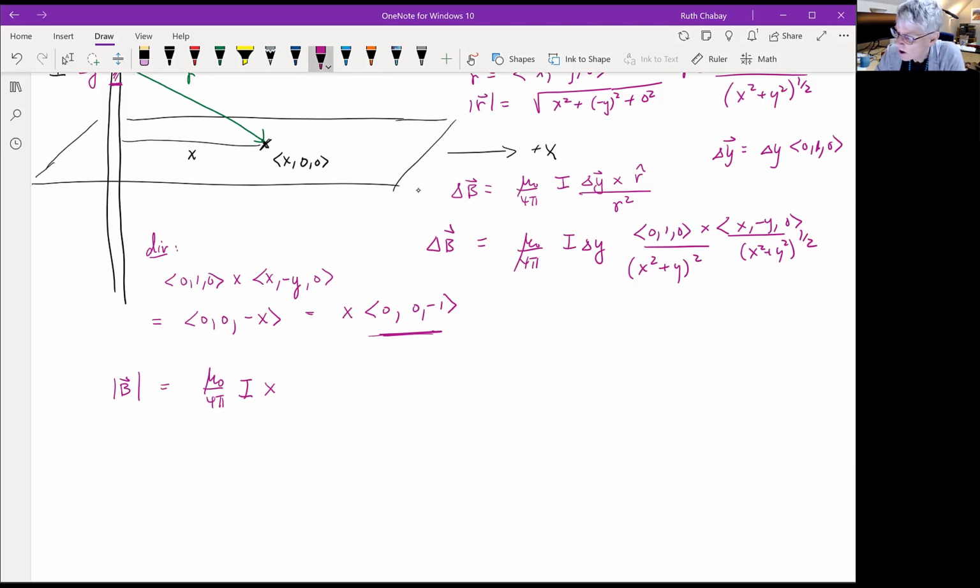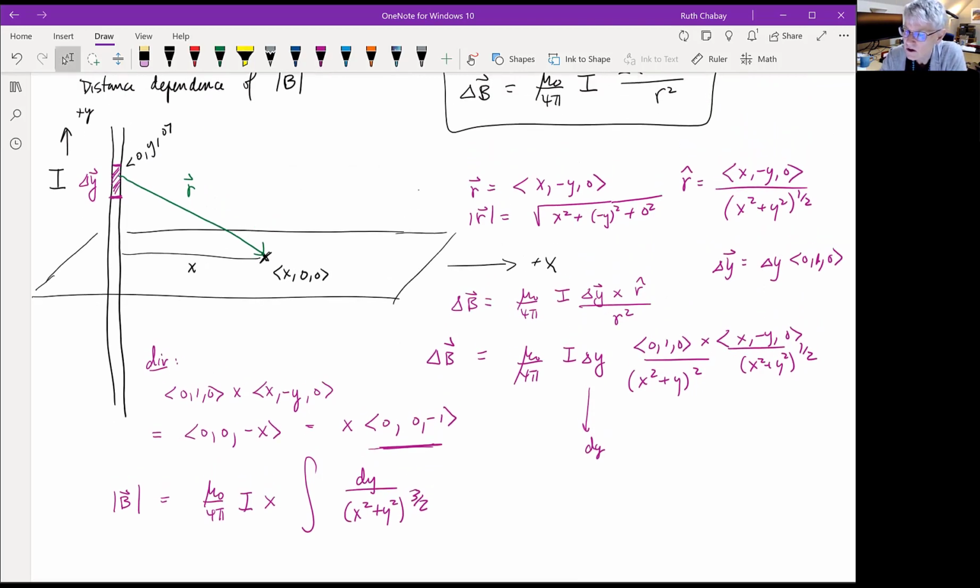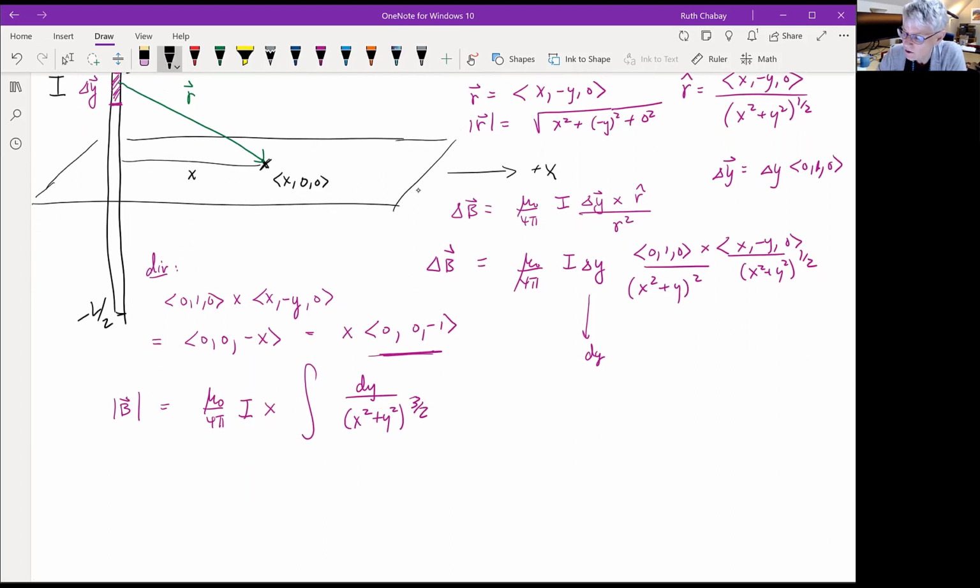And now our delta y turns into a dy, and so we have an integral of dy over x squared plus y squared to the 3/2. And we need integration limits, so we don't have any infinite wires in our supply closet. If the length of the wire is L, then our integration limits are going to be from minus L over 2 to L over 2.